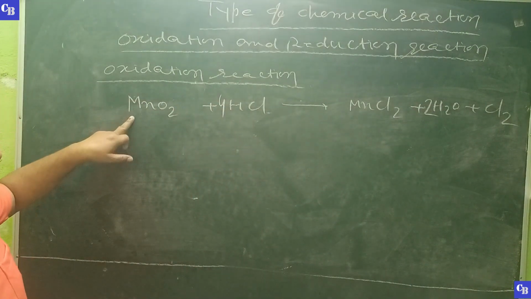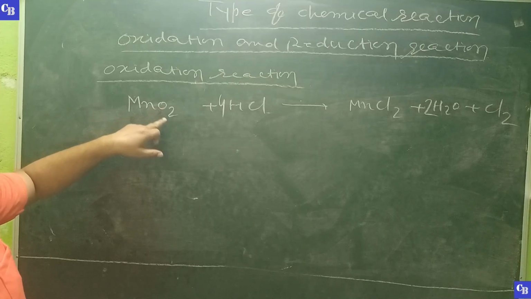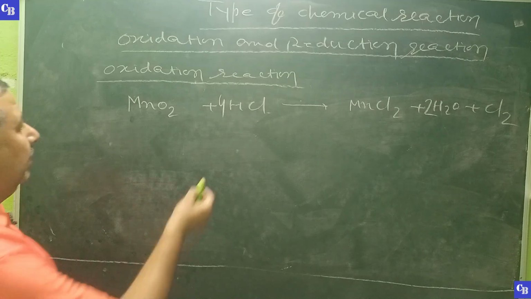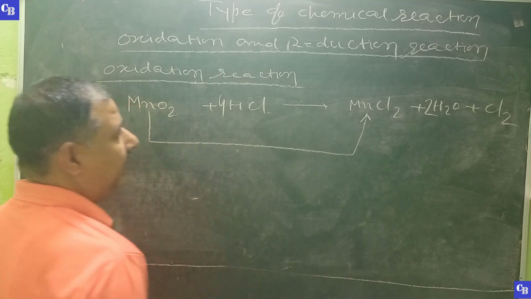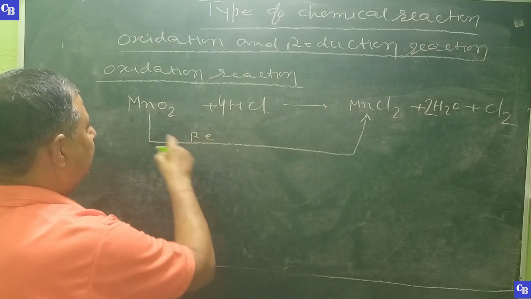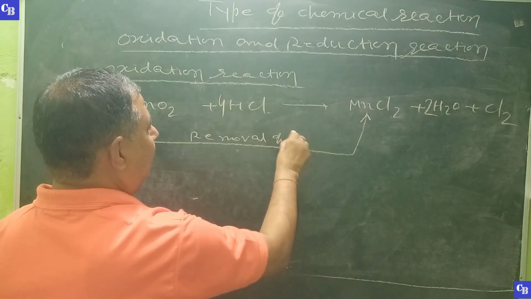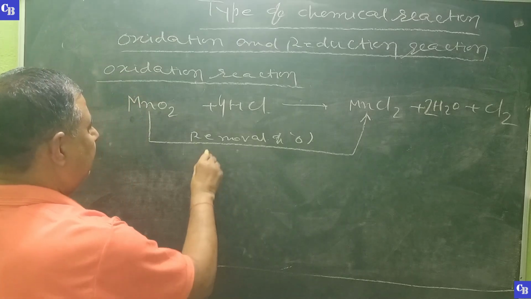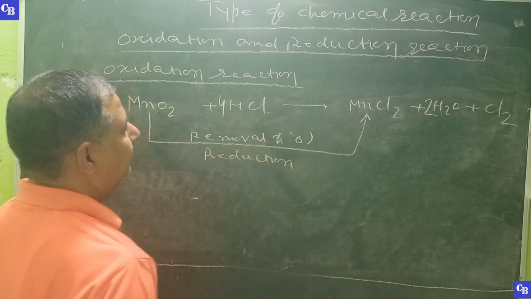In this reaction you see that oxygen is removed from manganese dioxide and it forms manganese chloride. So this is removal of oxygen, and this is reduction.